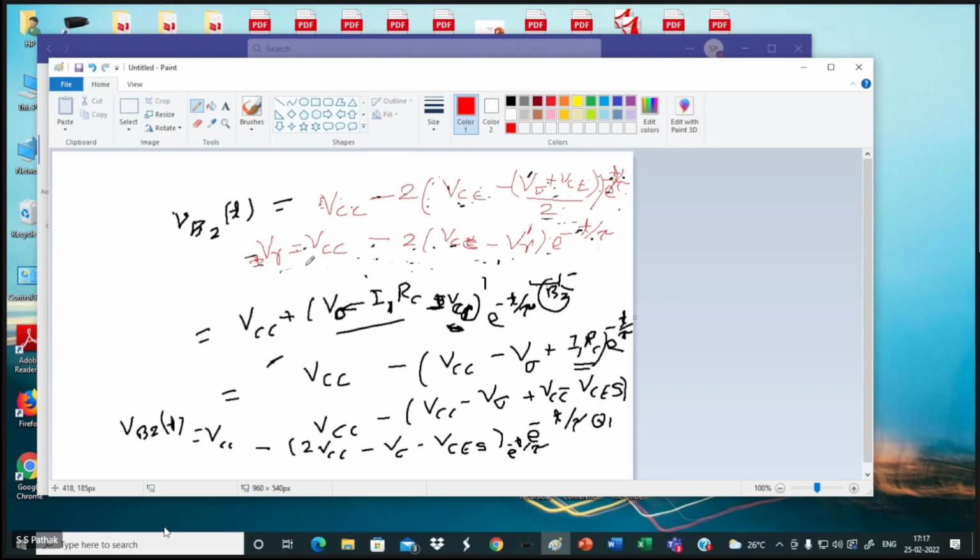So what is my t? You know how to. This is happening at t equal to capital T, not at this one. At t equal to some capital T, it has happened, it has become V gamma.